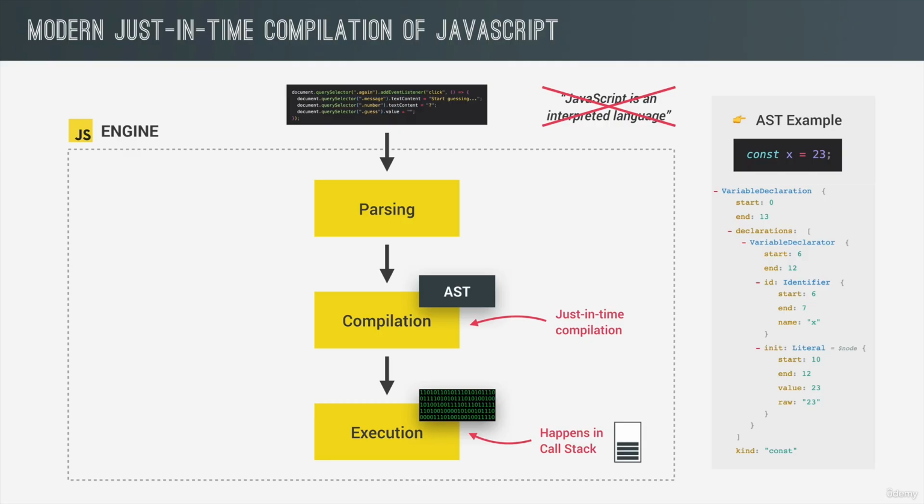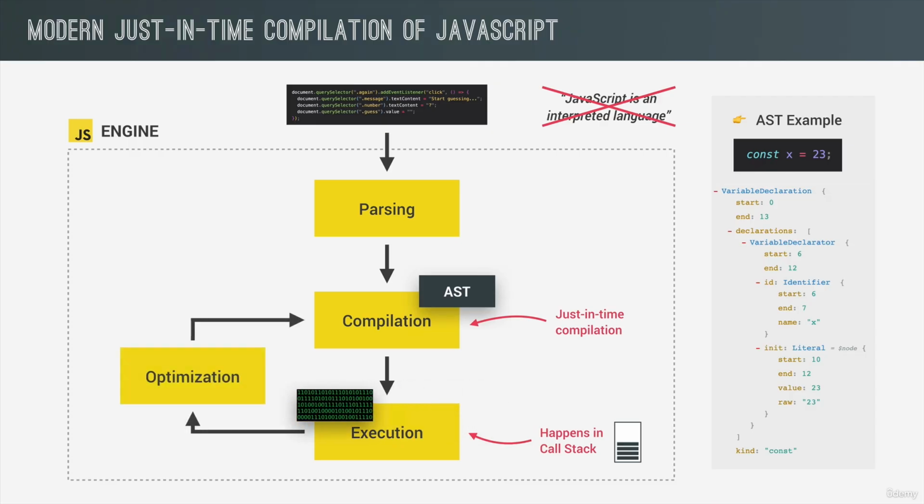Well, not so fast, because modern JavaScript engines actually have some pretty clever optimization strategies. What they do is to create a very unoptimized version of machine code in the beginning, just so that it can start executing as fast as possible. Then, in the background, this code is being optimized and recompiled during the already running program execution.